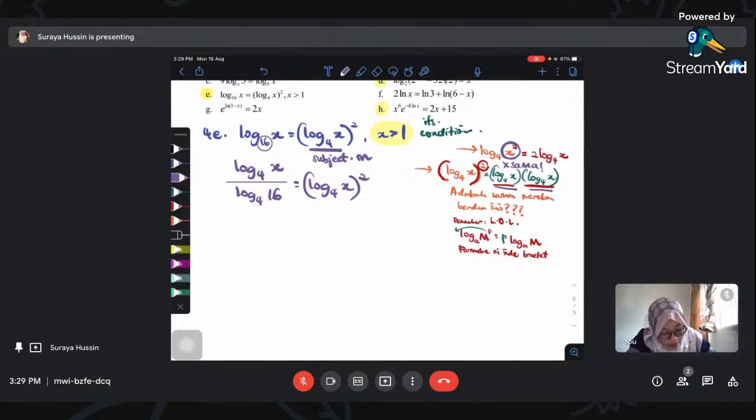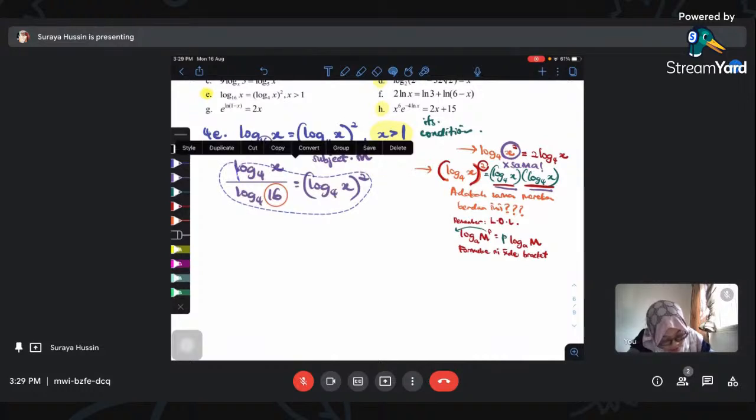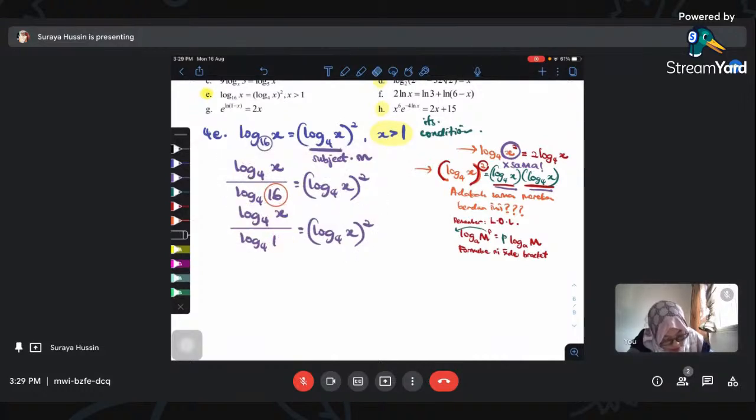Okay. And then nombor 16 ni pula boleh ditukar menjadi, log 16 ni pula boleh menjadi 4 kuasa 2. Sebab saya tahu 4 kuasa 2 adalah 16.